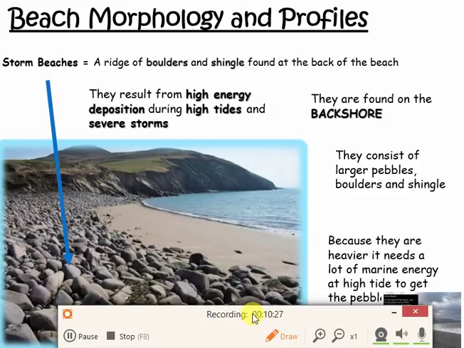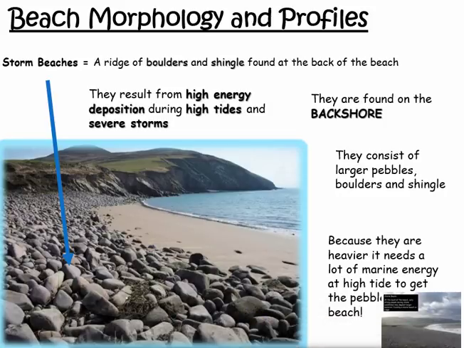So in this photograph it looks really calm and settled, but a storm beach is a signal that quite recently there's been a high tide, there's been a storm, and there's been a lot of energy to transport and then deposit larger boulders, if you like.